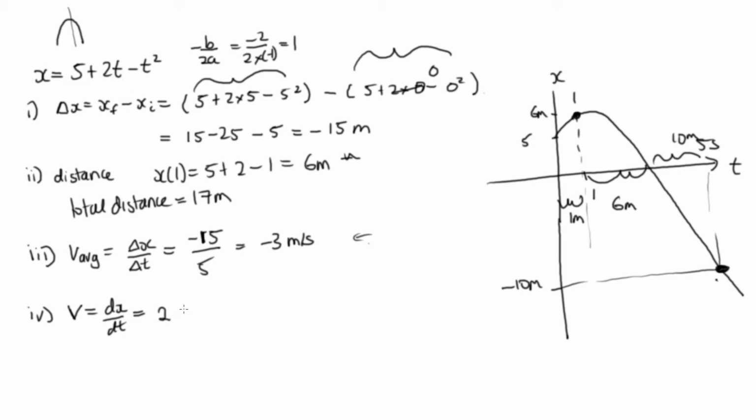And when we differentiate minus t squared, we get minus 2t. So v at 0 is equal to 2 minus 2 times 0, which is equal to 2 meters per second, and that's positive, so in the positive x direction. And v at 5 seconds is equal to 2 minus 2 times 5, which is equal to minus 8 meters per second. So it's now going in the negative x direction, so back.